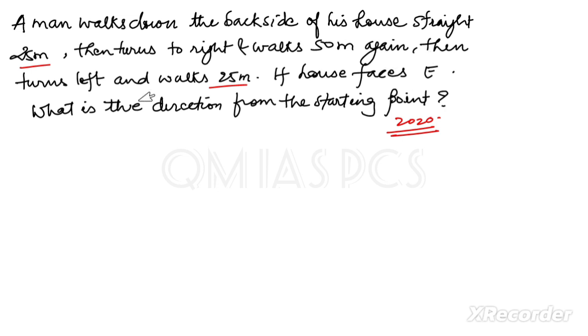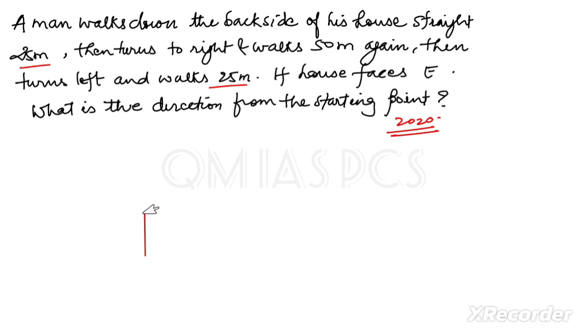You can simply represent the directions given. First, he walks down the backside of his house straight 25 meter. Simply, this is the 25 meter.